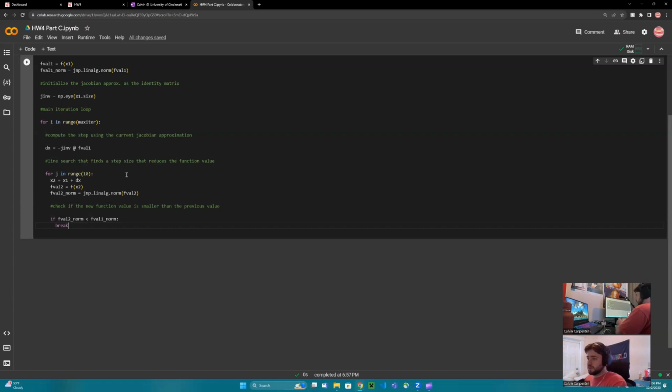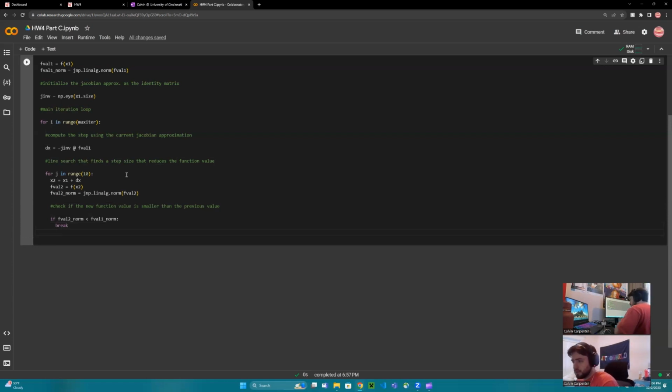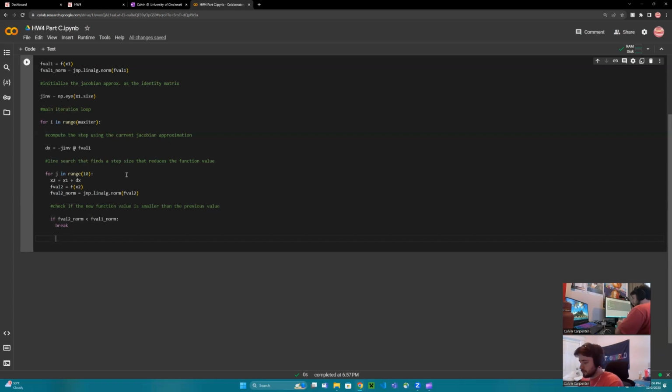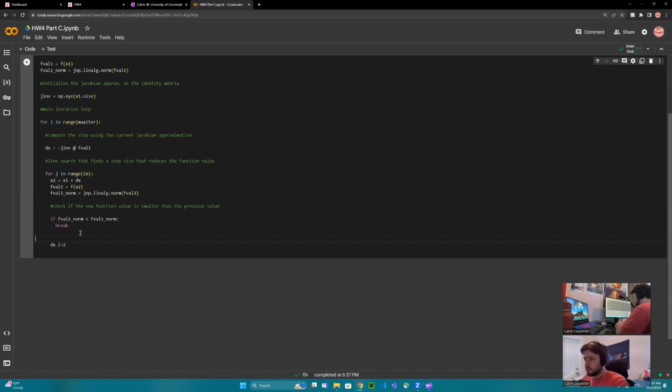We want the for loop to continue. This is for reducing the step size if necessary.